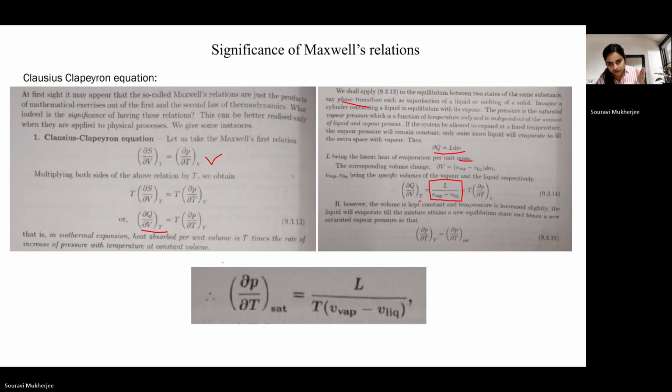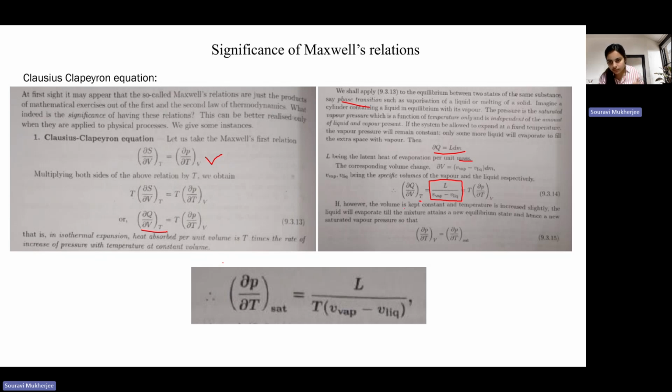Now, on the other hand, if you keep the volume constant and the temperature is increased, the liquid will evaporate, and a dynamic equilibrium will be established, and gradually it will reach a new equilibrium state with a new saturated vapor pressure.